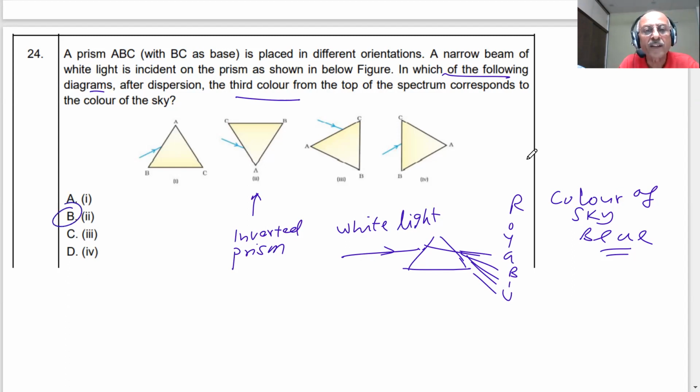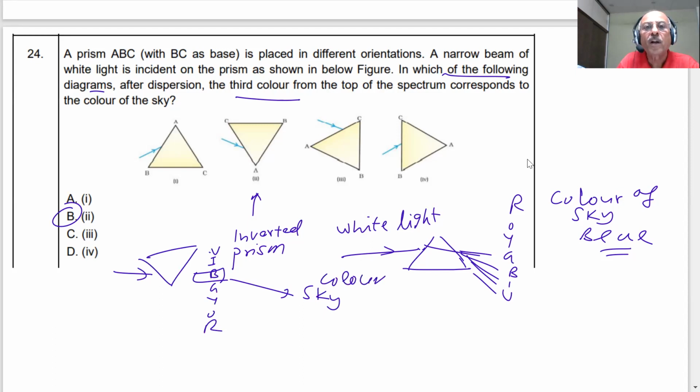Second, in this case, what will happen? If the light is passing through this, student, then it will become inverted: violet, indigo, blue, green, yellow, orange, red. Now this color is the color of the sky, and this is the third color from the top of the spectrum, students.